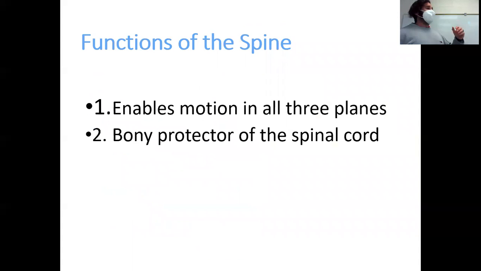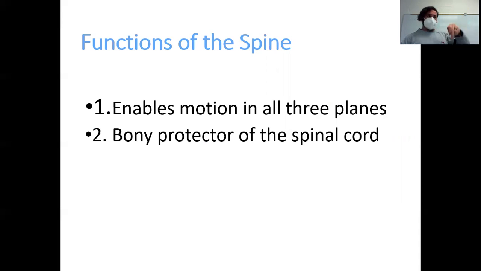It's going to allow us to move on all 3 planes. Okay, we can go side to side, we can twist, and we can lean forward, we can lean backwards. And the big component is it's going to protect our spinal cord. The spinal cord is going to be what's relaying all the signals to the rest of our body, so we're going to be able to use and contract our muscles.